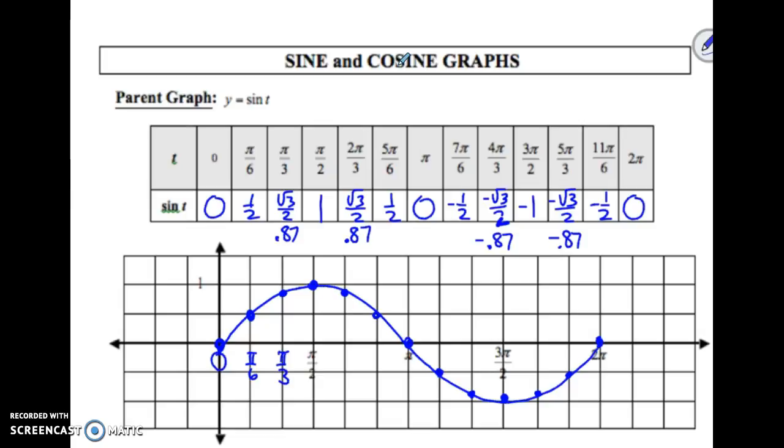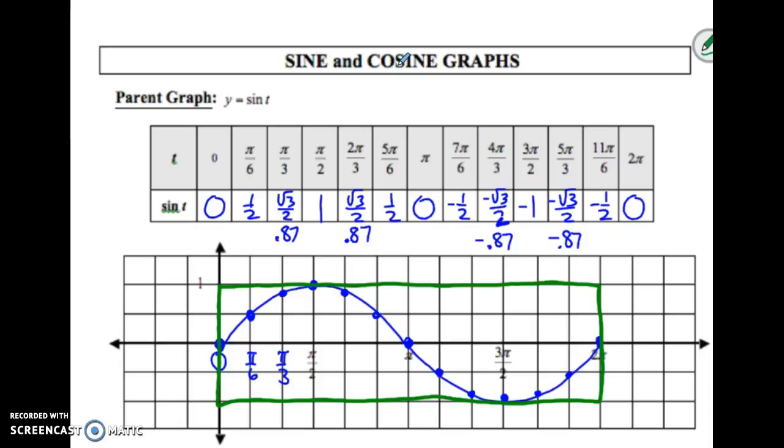Okay, that is what we call 1 period of sine t. So you have your highlighter, and you kind of put what I like to call the picture frame around this. Every time we graph trig functions, I'm going to talk about the picture frame. So right here, this is the picture frame for the parent function y equals sine t.